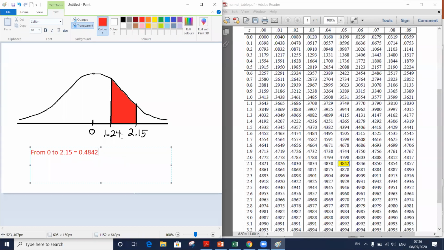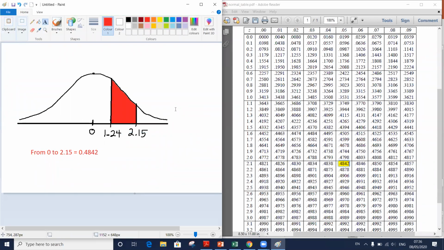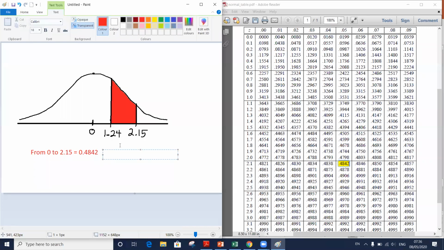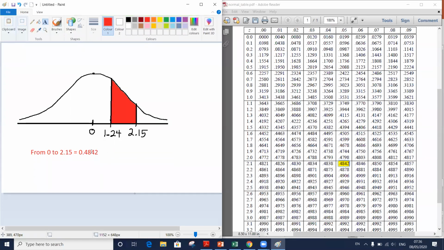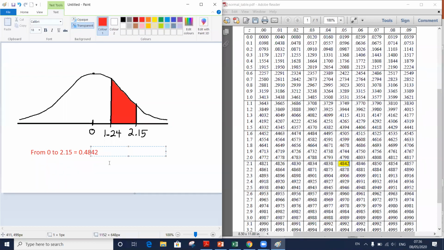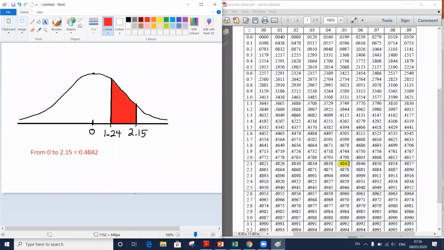Then if I find the value of this 1.24, what should be the Z value? The Z value for 1.24 is 0.3925. How do we find 1.24 in the Z table? 1.2, where is 1.2? Here we can find 1.2.